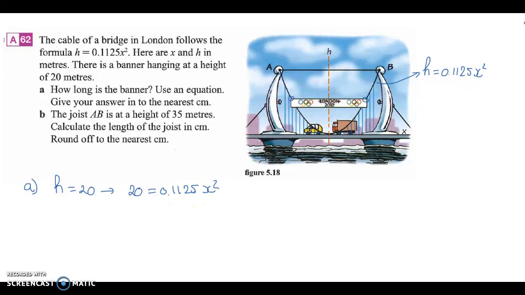At the right hand side we have 0.1125 times x squared. This is a multiplication, so we use the inverse operation and divide by 0.1125. Then at the right hand side we only have x squared left. That's okay, as long as you do the same operation at the left hand side: we divide 20 by that number.